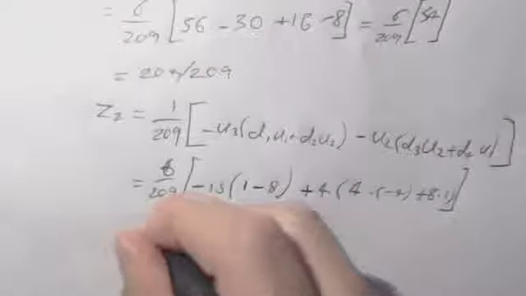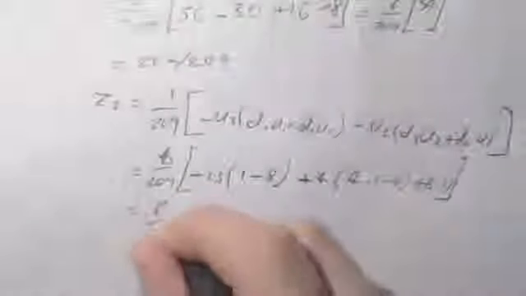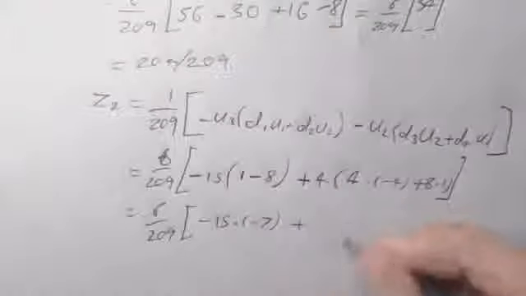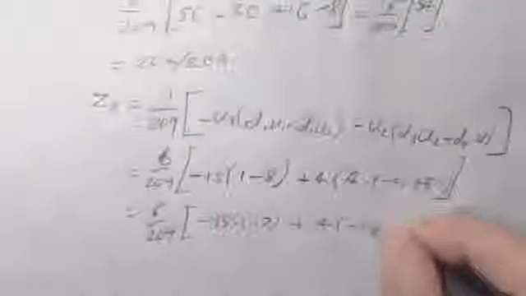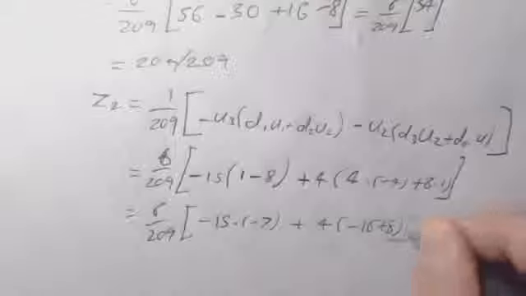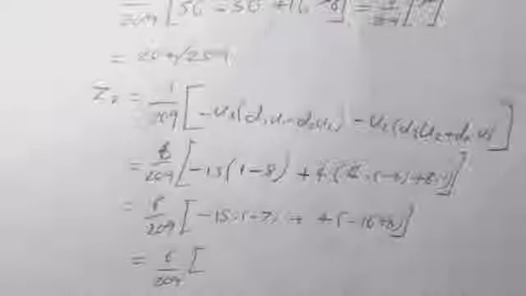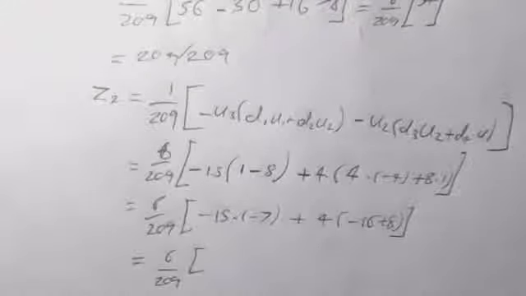So let's calculate this. This is 6 over 209, so it's minus 15 times minus 7 plus 4 times minus 16 plus 8 equals 6 over 209. I'm going to put it into the calculator. 15 times 7 minus 4 times 16 plus 4 times 8.